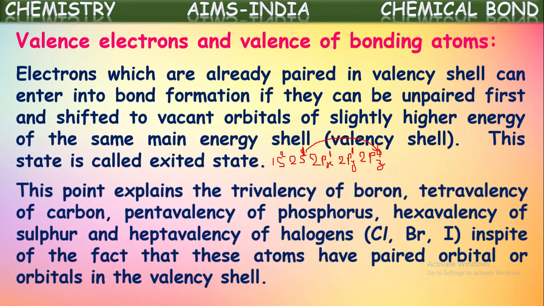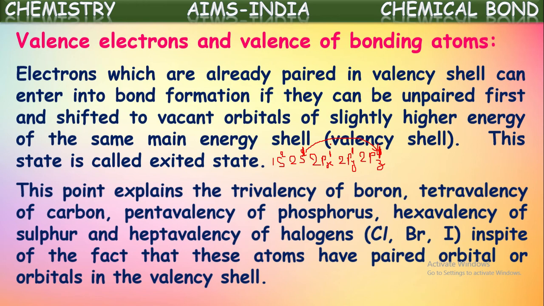Now it becomes 2pz1. The electron configuration of carbon in the excited state is 1s2, 2s1, 2px1, 2py1 and 2pz1. Totally there are 4 unpaired electrons. These 4 unpaired electrons participate in bond formation with 4 covalent bonds, and hence carbon gets tetravalency.